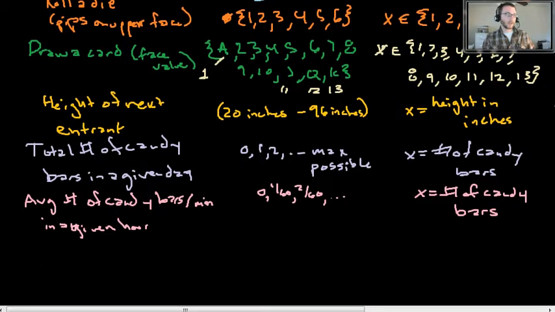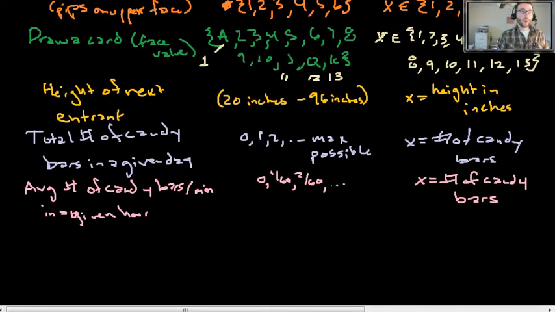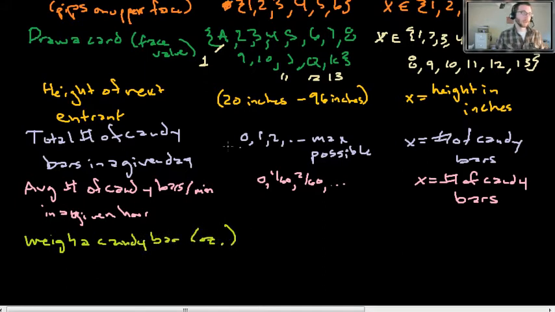All right, what else do we have here? What if we weighed a particular candy bar? That's a little different. So the experiment is to weigh a candy bar. And then, since I'm American, we'll call this ounces. It probably couldn't be 0, right? Because then it's not a candy bar. It's just a nothing.